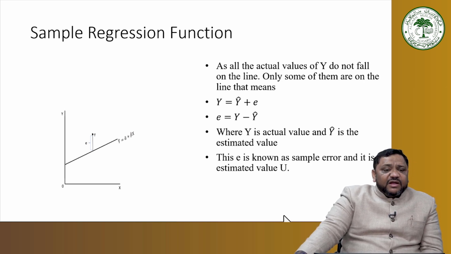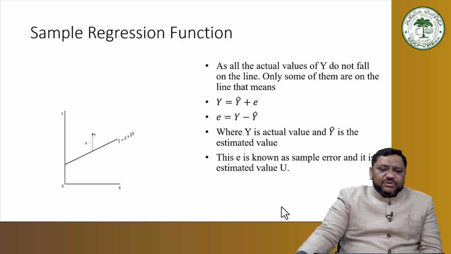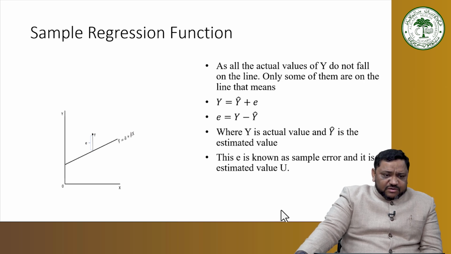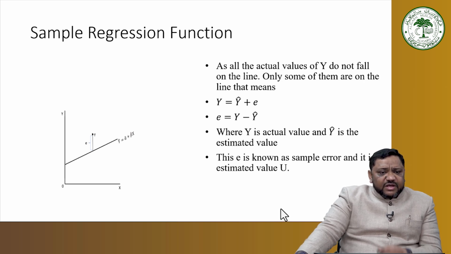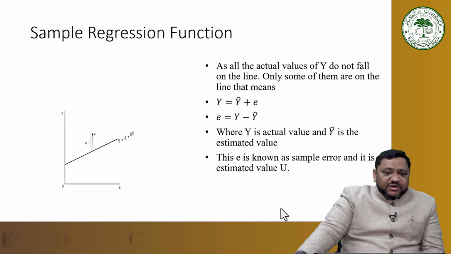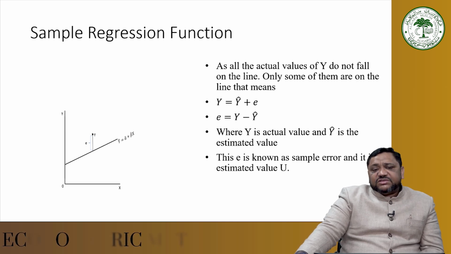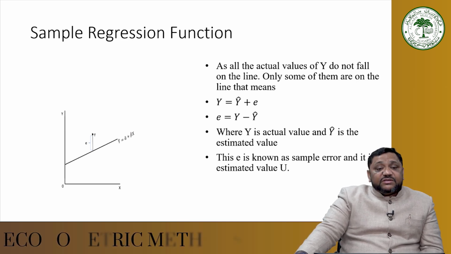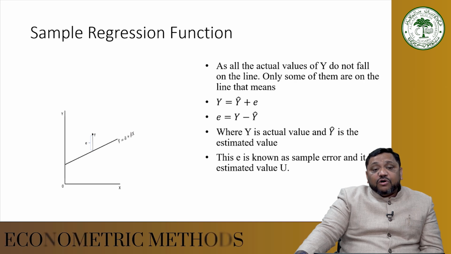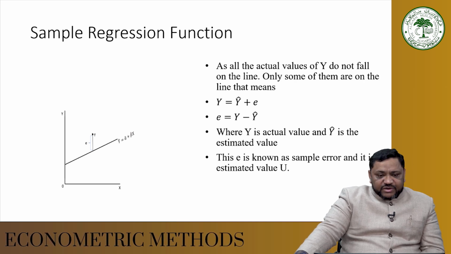So error is equal to y minus y hat, where y is the actual value and y hat is the estimated value. This e, the difference between the actual value and the estimated value, is known as the sample error, and it is used to estimate the value of u from the population regression function.